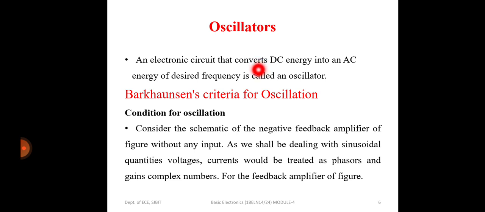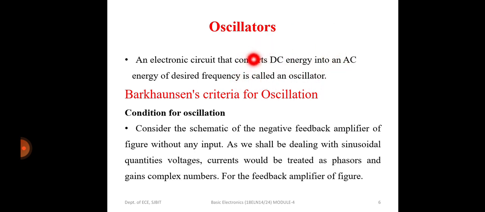An oscillator is an electronic circuit which converts DC energy into AC energy of desired frequency. Whichever circuit converts DC energy into AC energy of desired frequency, we call it an oscillator. An oscillator produces a repetitive waveform at the output without the application of an external input signal.